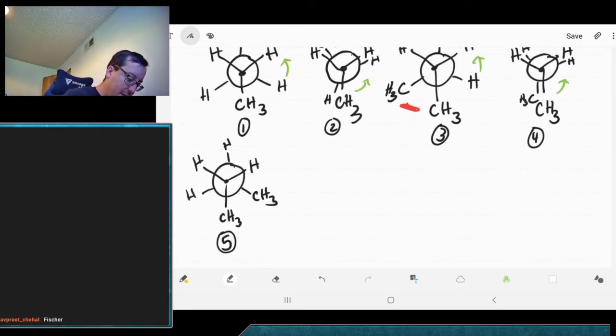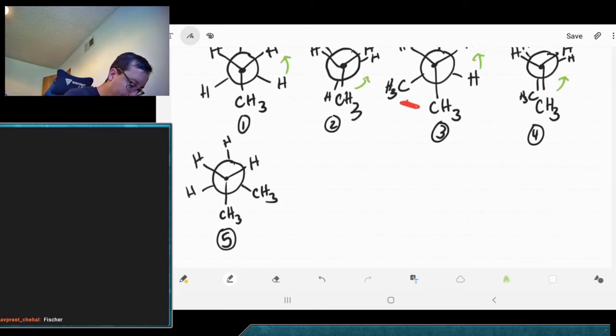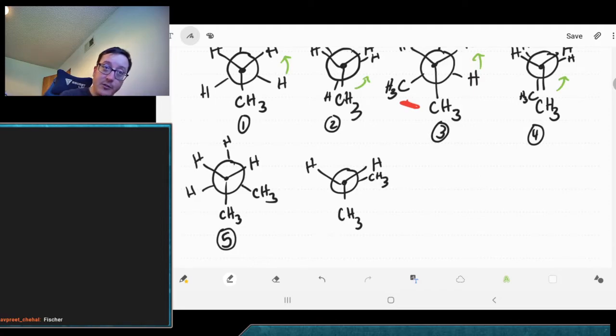And then as we go to 6, we're going to see it's much the same as 2 was. So we have now our CH3 bonking into the hydrogen, we have the hydrogens next to each other, and our hydrogen now bonking with the methyl there.